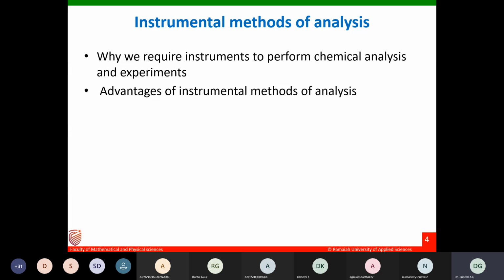Minimum 1.5 hours you will have to spend to get the result. But the same experiment, determination of the concentration of an acid or an alkali, you can perform with an instrument known as a conductivity meter that we are going to study now. You can perform that experiment in 20 minutes.